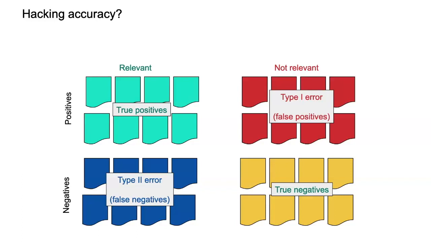In order to understand that, you need to understand that even though here for pedagogical purposes I had small numbers of documents and it looks kind of even between the zones, in practice there are many, many more documents you don't return than documents to return. Maybe you're going to return 10 or 20 documents, and there are going to be billions of documents you don't return. So how can I cheat and get super high accuracy?